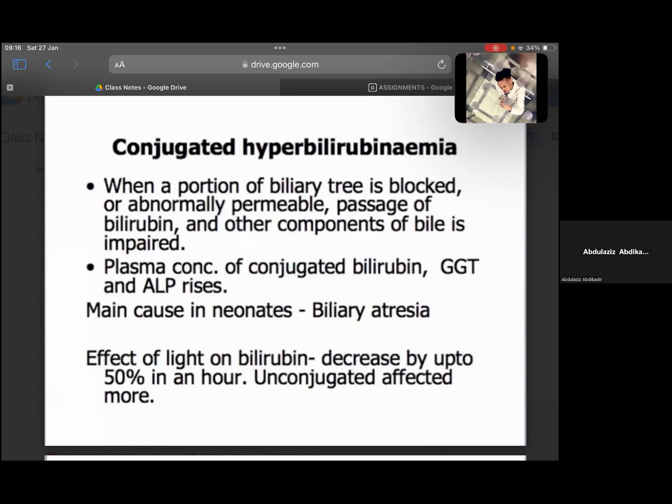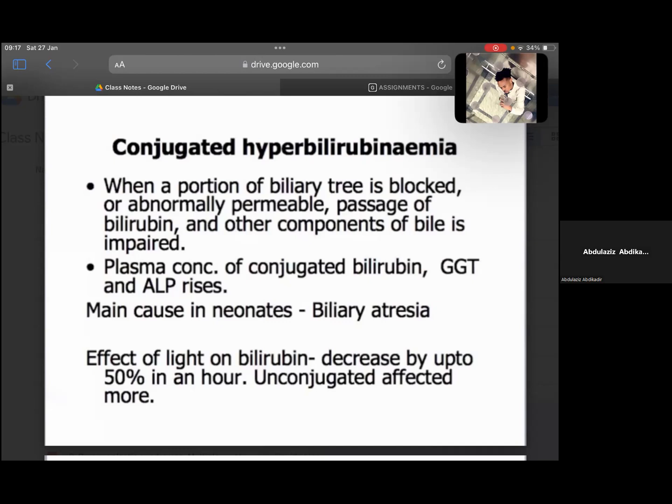I want you to point out the neonatal hyperbilirubinemia in the neonates. You'll find a child that is born with jaundice. So what will happen to this child? There's something, you are not right now rotating in pediatrics, the blue light therapy, whereby they're exposed to blue light.